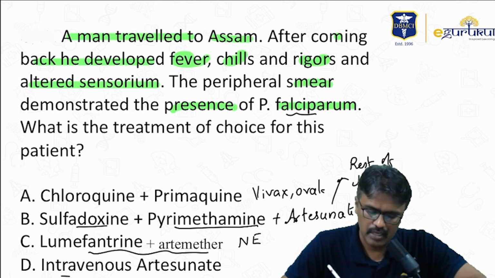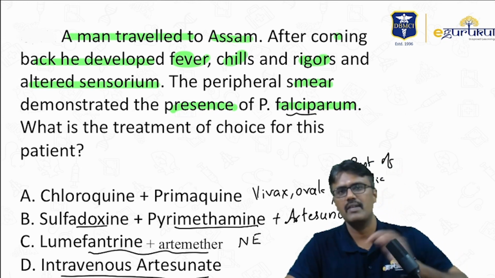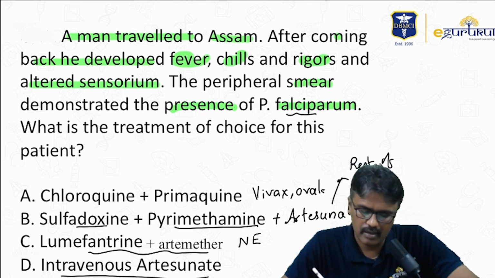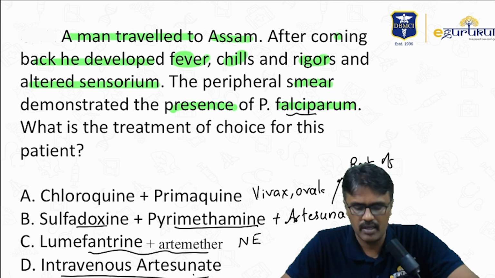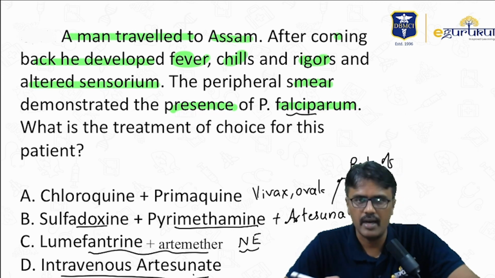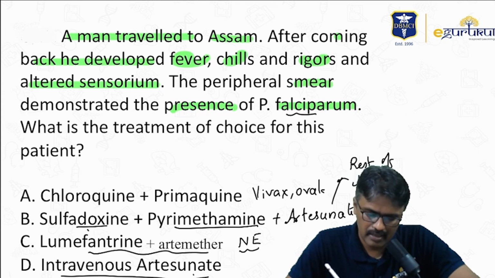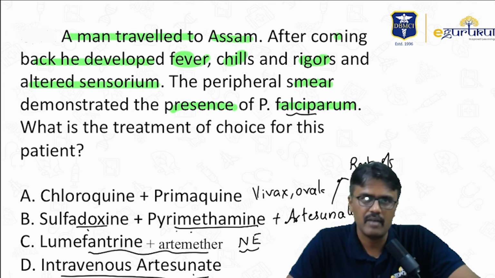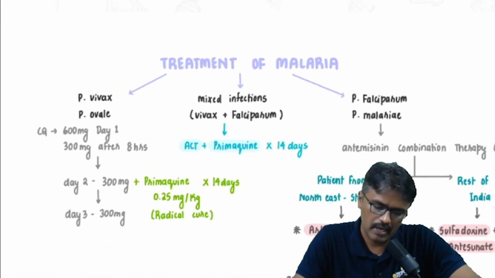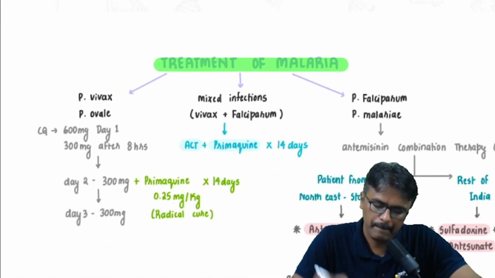Intravenous artesunate is used whenever there is complicated malaria or cerebral malaria; then the drug of choice will be IV artesunate. Now, please understand, in northeastern states, why do we use lumefantrine plus artemether? Because in those states, sulfadoxine and pyrimethamine have acquired resistance. So that's why we use it. Now, this was a chart which we discussed in the class, treatment of malaria.